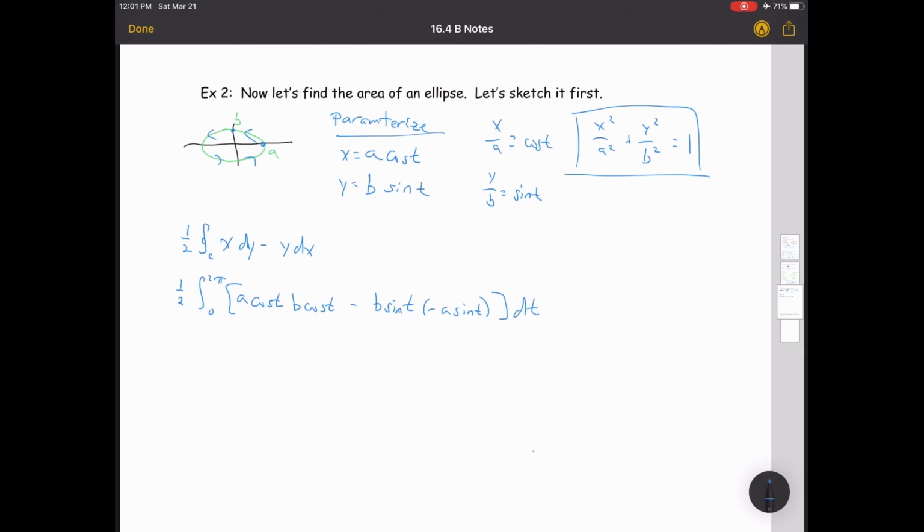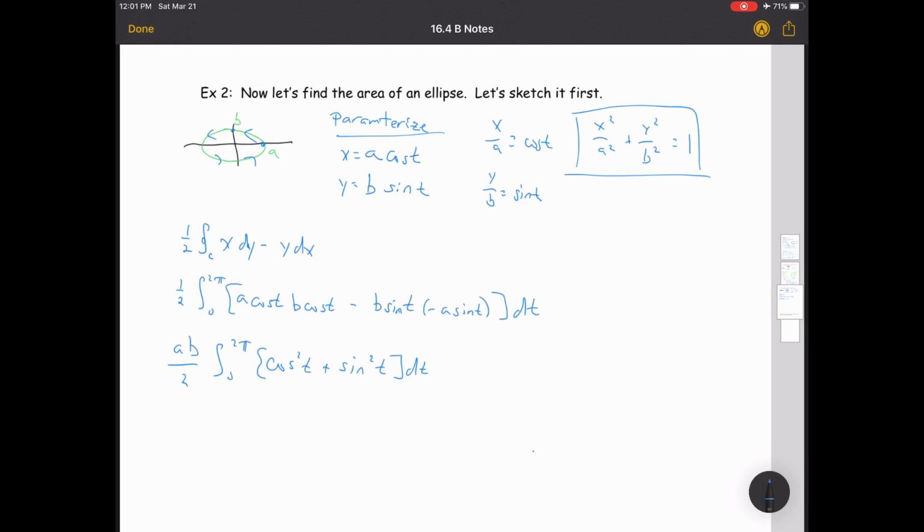So it looks like what we have in common is an a and a b in both, and those are just constants, so I can pull an ab out to the front, which is going to leave us with cosine squared t minus sine squared t dt. Oh, not minus. What am I talking about? It's minus minus, which is plus. That makes this even nicer. Cosine squared plus sine squared.